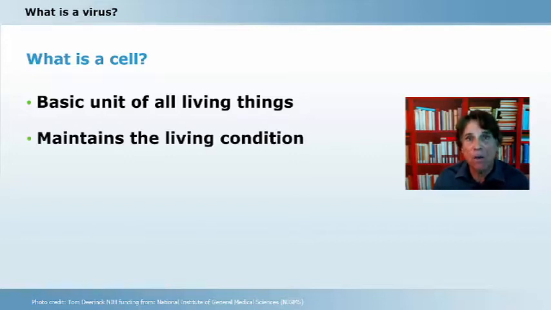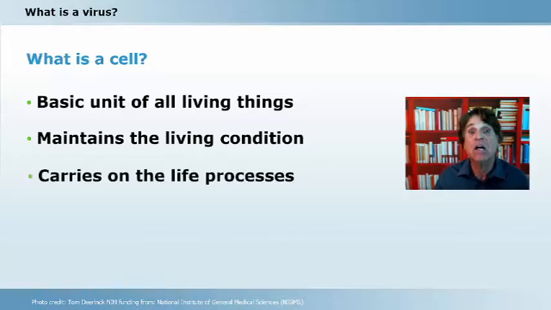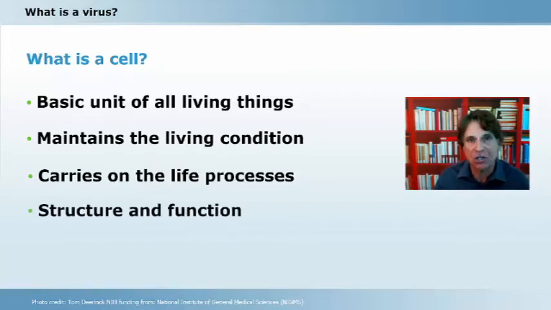Every cell maintains the living condition. So they have to go through all of these processes to maintain what we consider to be life. So they all carry on the life processes, in addition to the organism, which is composed of the cell, also carrying on life processes.